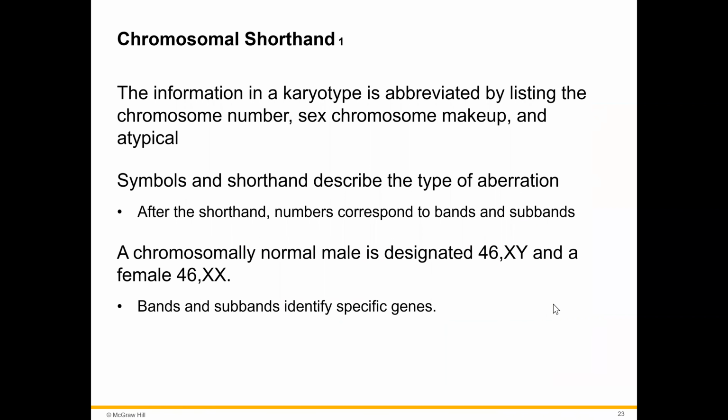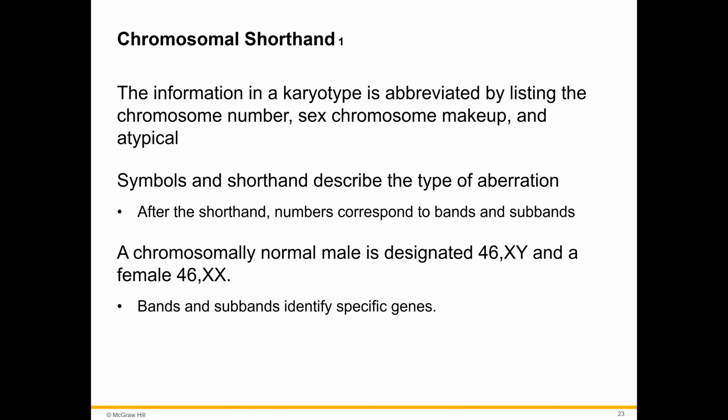Now if we can extract chromosomes from a cell and dye them, we will have different bands. Then each band can have a name, and it allows us to put a map on a chromosome.